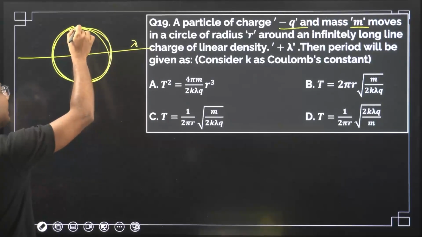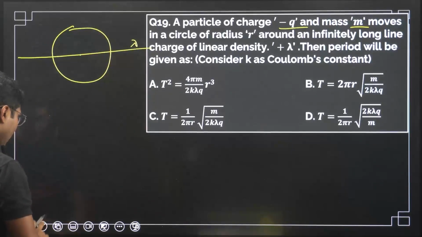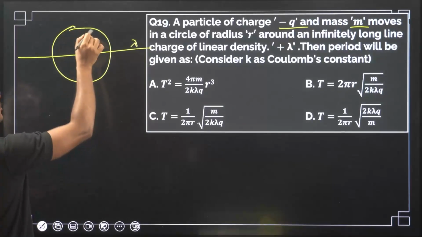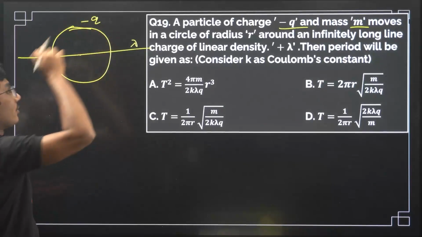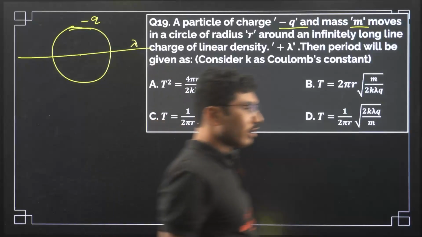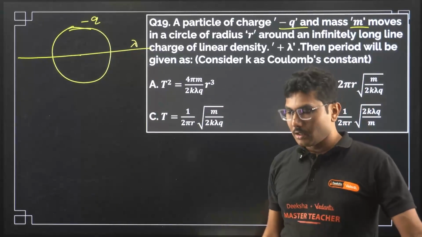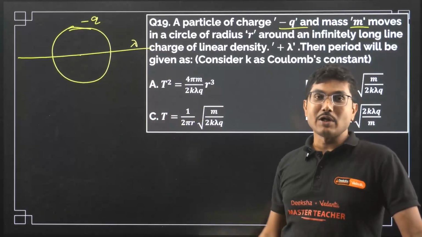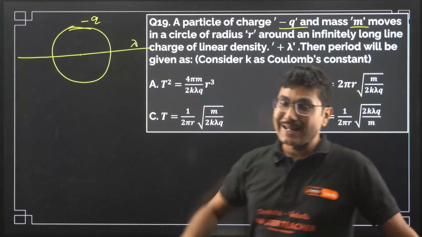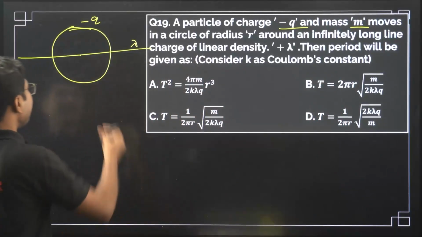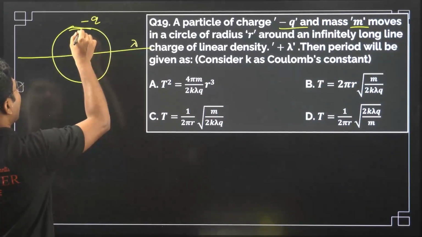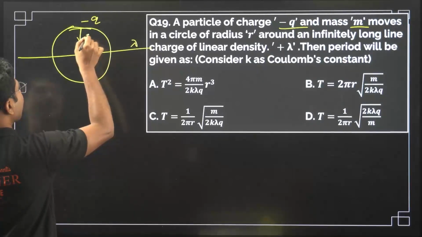Now the electron which is orbiting over here, or the negative charge which is orbiting over here, why will it orbit? First of all, why will this negative charge orbit in this case? Because it will experience something which is called centripetal force.